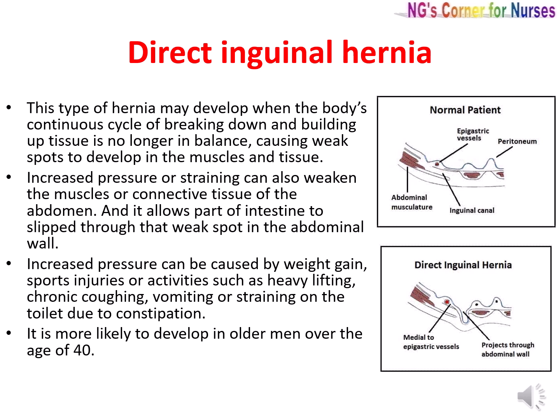Increased pressure or straining can also weaken the muscles or connective tissue of the abdomen, and it allows part of the intestine to slip through that weak spot in the abdominal wall. Increased pressure can be caused by weight gain, sports injuries or activities such as heavy lifting, chronic coughing, vomiting or straining on the toilet due to constipation.